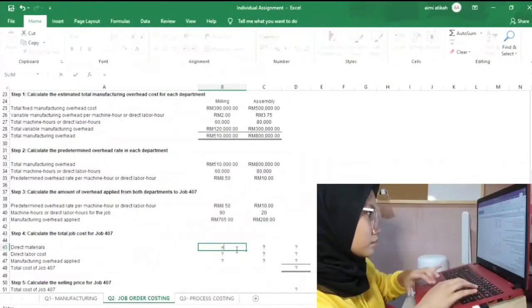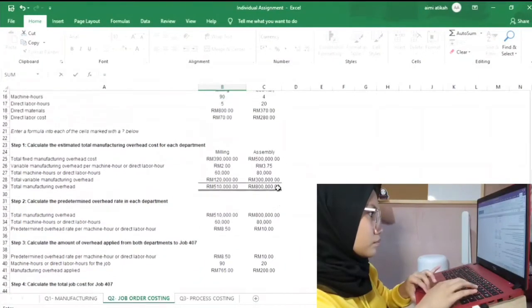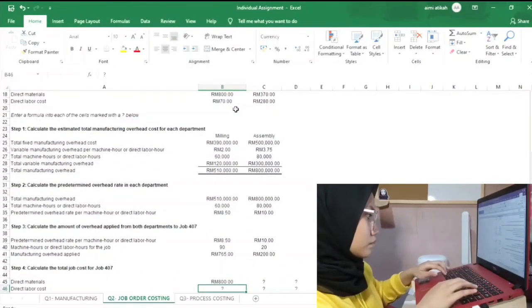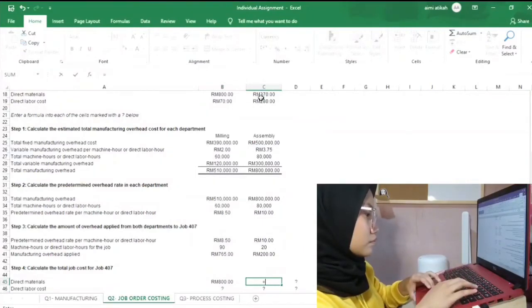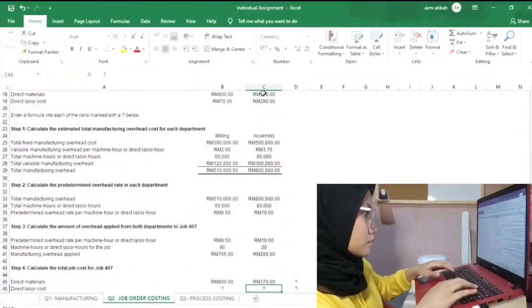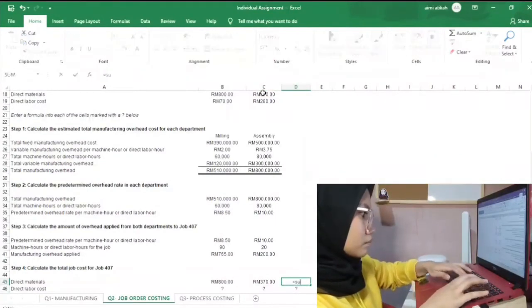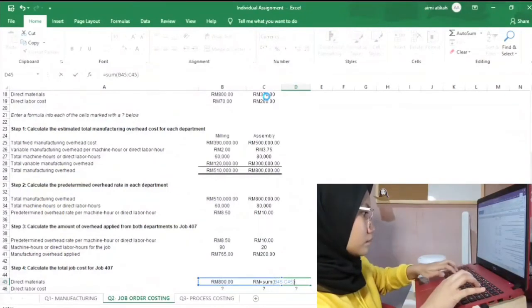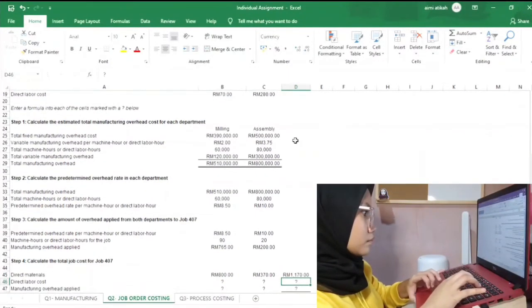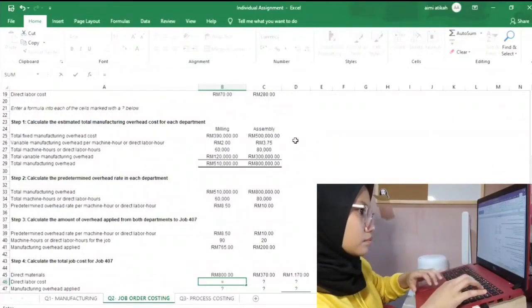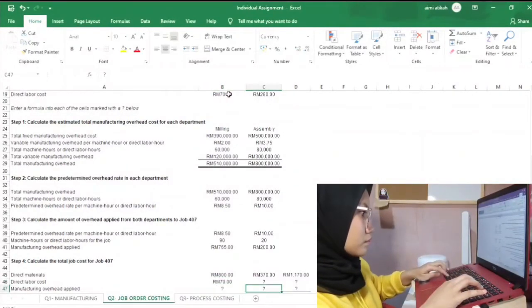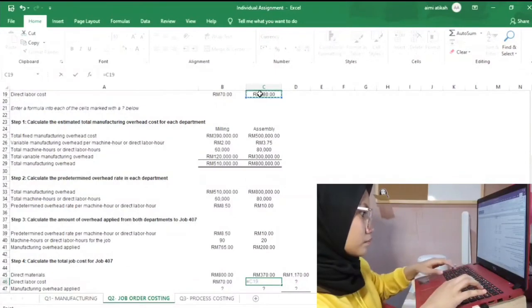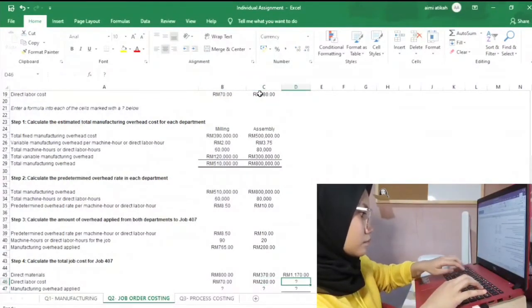For step 4, direct material for milling and direct material for assembly. And then I will total both of them. And as for direct labor cost for milling and for assembly, I will sum both of them.